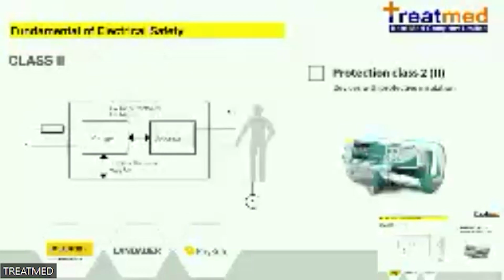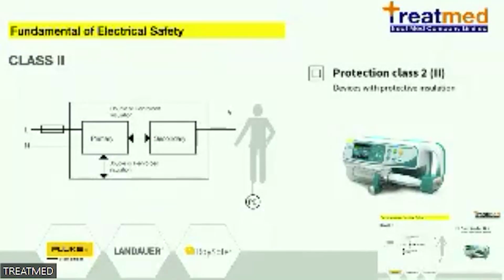Two is class 2. In Thailand, class 2 is not so common for medical devices. For class 2, we call it double insulation, because the chassis has safety insulation with no conductive part on the outside, and on the inside the primary main also has insulation.